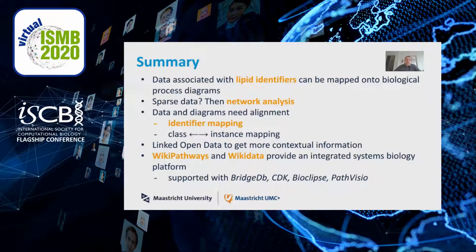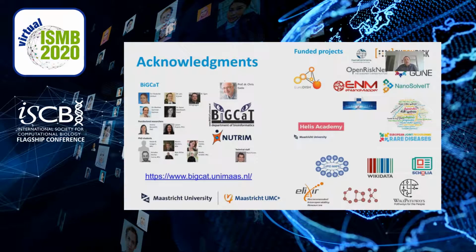We also saw Wikidata and Scholia for a linked data approach, providing us with a lot more information on lipids and ways to keep updated on a specific lipid. We saw WikiPathways as our pathway database and a couple of the tools that we use for this to make all this happen. With that, I end my presentation.